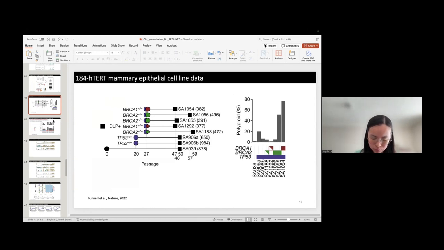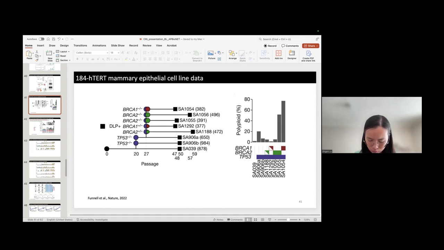So the question is, if you add the drugs, I'm wondering if you have the model. So you grow these cell lines with BRCA1 and P53 mutations, and then you compare two scenarios, one without the drugs, and the other where you give the PARP inhibitors.